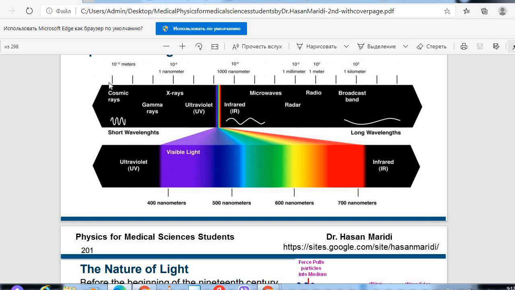We have cosmic rays at 10 to the power of -12 meters, gamma rays, X-rays at 10 to the power of -9, nearly 1 nanometer wavelengths, very hard radiation, ultraviolet nearly 1000 nanometers. Then infrared, microwaves at 1 millimeter, radar, radio waves at nearly 1 meter wavelengths, and the broadcast band at nearly 1 kilometer.